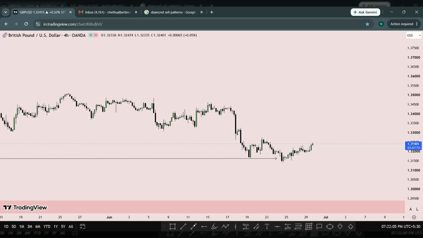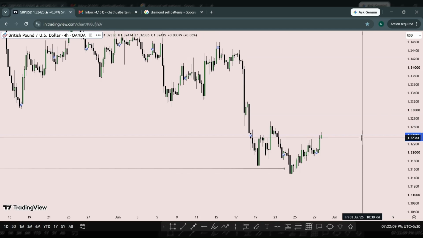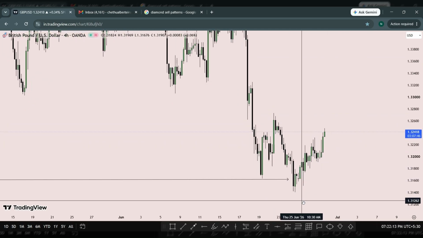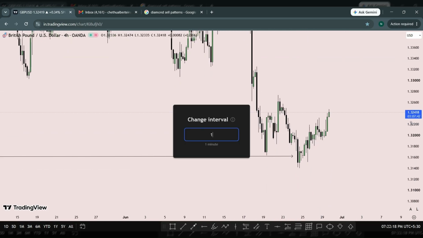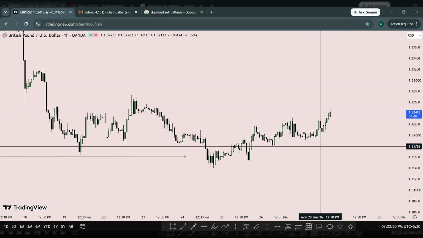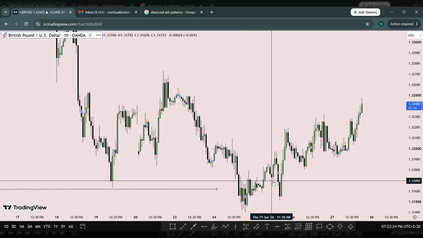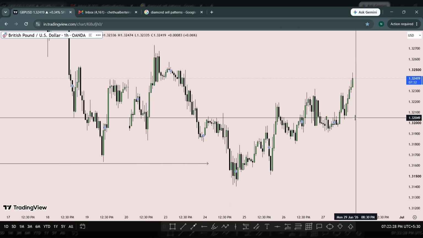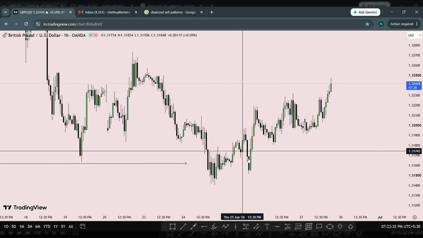In the 4-hour chart also we cannot take the decision, so ignoring the 4-hour chart, let's see the hourly chart. Here you can clearly see the market is in a bullish trend, an internal bullish trend.